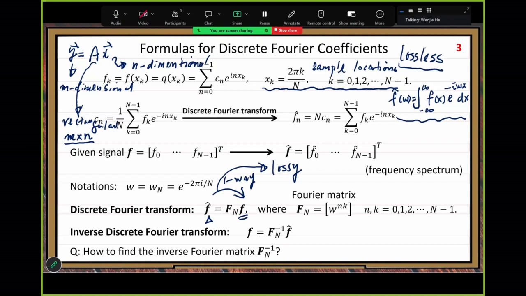This transformation is not lossless. So you know how important the invertibility of the coefficient matrix is. We want to understand this whole thing better.